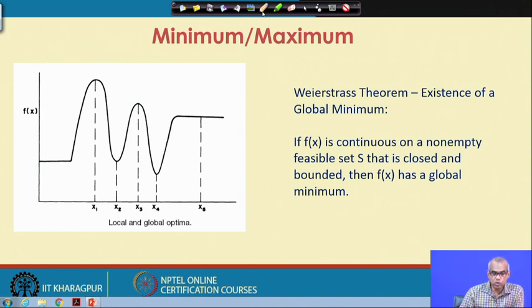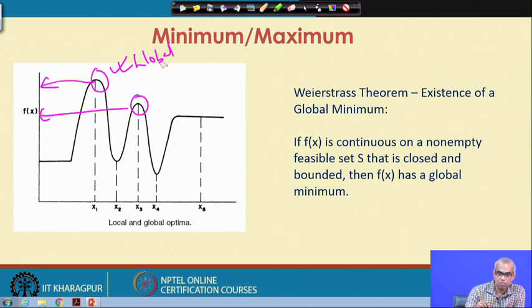So, the figure shows some of the local and global optima. You have these maximum points. You can figure out that this is the global maximum.